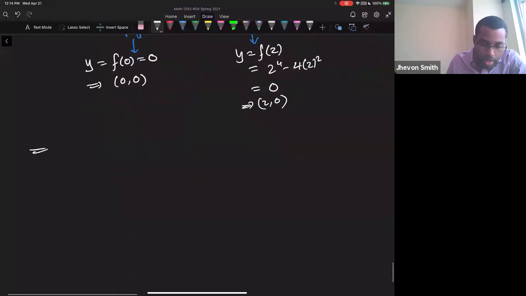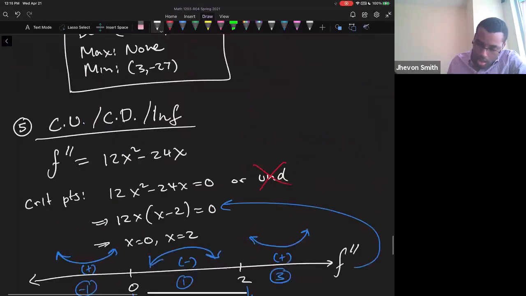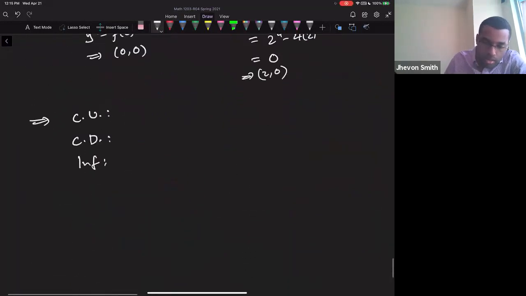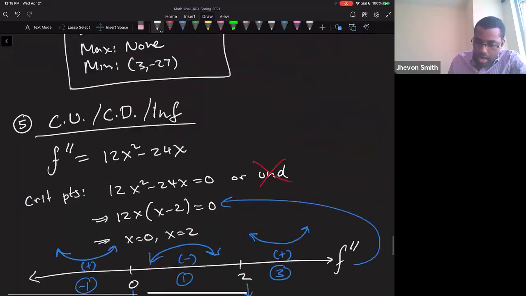So now we can summarize this. Where are we concave up? Where are we concave down? Where do we have inflection points? Concave up on negative infinity to 0 and 2 to infinity. We're concave down on the interval 0, 2.